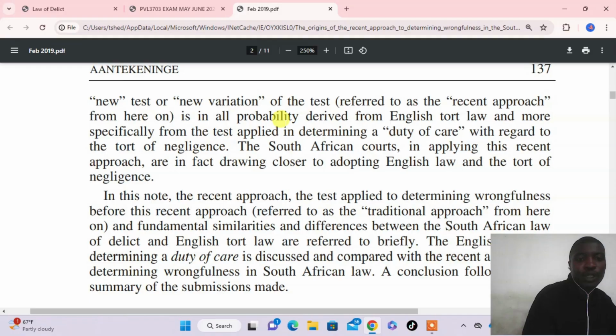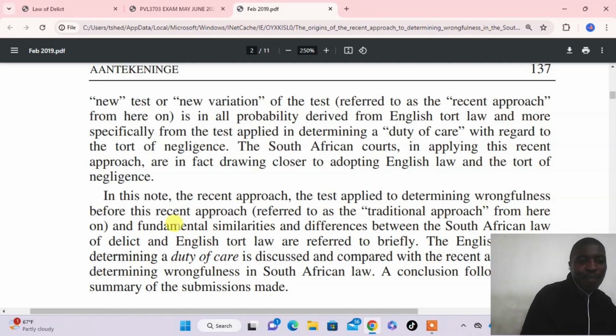It is in all probability derived from English tort law, and more especially from the test applied in determining duty of care with regard to the tort of negligence. The South African courts, in applying this recent approach, are in fact drawing closer to the adoption of English law on the tort of negligence. In this note, the test applied in determining wrongfulness before this recent approach is referred to as the traditional approach.